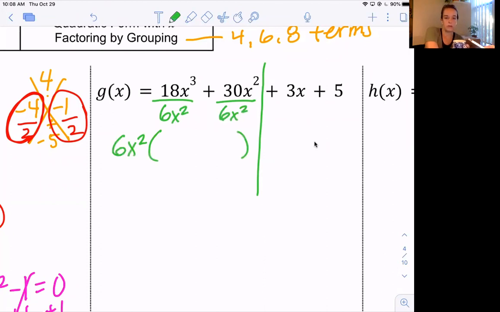And what's left over? Three x plus 5, perfect. 3x plus 5. 18 divided by 6 is 3. We have 3 x's on top, taking the 2 x's on bottom. So we're going to have 1 x left over, and then x squared's canceled here, and 30 divided by 6 is 5. Perfect. All right, what do 3x and 5 have in common?